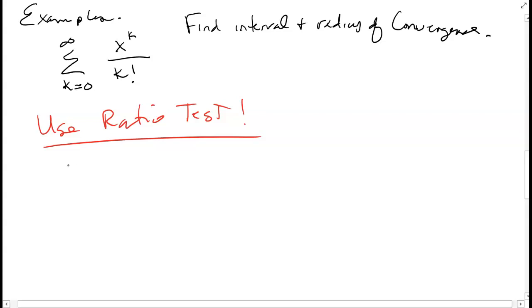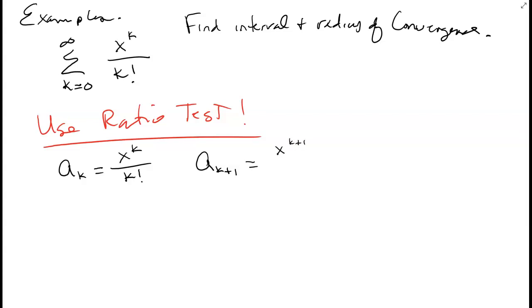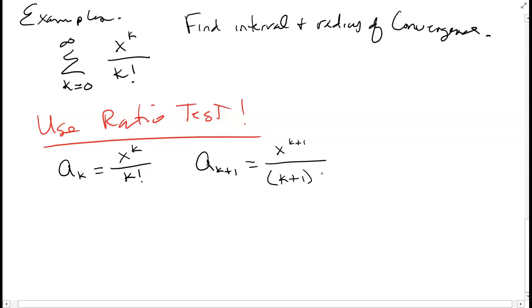So to do a ratio test, you need your a sub k, which we know is x to the k over k factorial. And then you need a sub k plus 1. So how would we write that out? That is x to the k plus 1 over k plus 1 factorial.